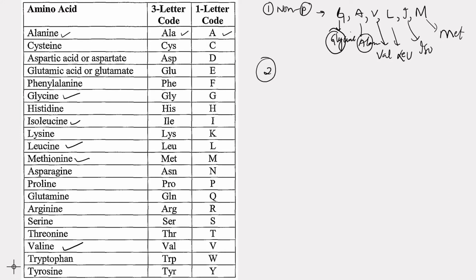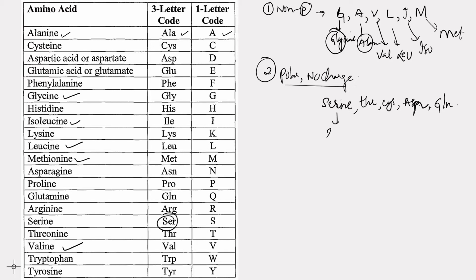And the second group: though they are polar, they have no charge. In this comes serine, threonine, cysteine, asparagine, and glutamine.